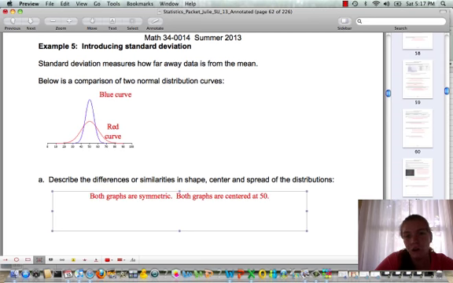However, we see that the red curve has a wider spread. Notice the red curve goes all the way from 10 to 80 or 90, I think to 90, whereas the blue curve only seems to go from 30 to 70. So we can say the red curve has a wider spread than the blue curve.